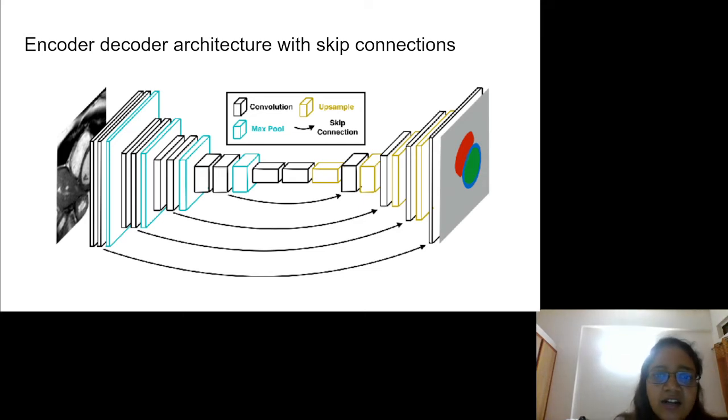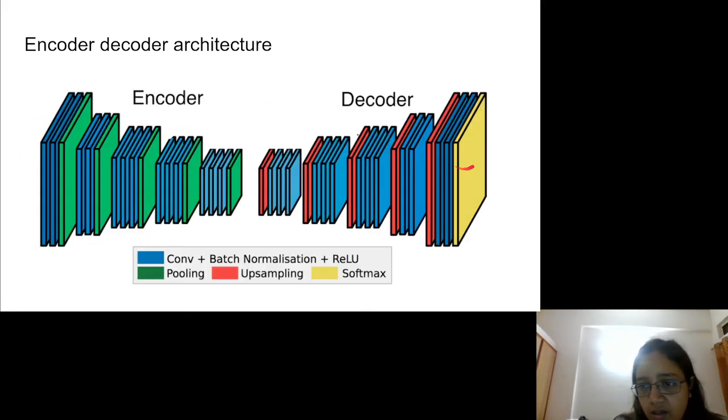This is another variant of the encoder decoder architecture, with skip connections. We all know residual connections, skip connections, and why they are so useful. That is why in deep CNNs, deep neural networks, keeping skip connections is a very common practice. So you start with an image. One thing that I probably didn't mention very clearly in this slide is that this layer is a softmax.